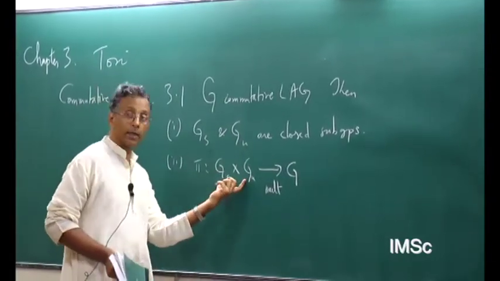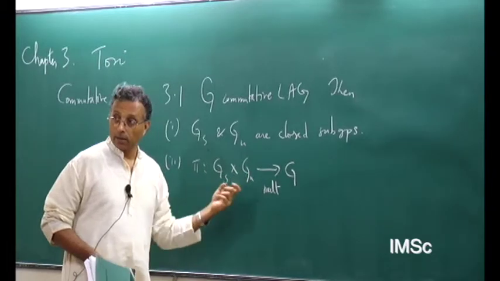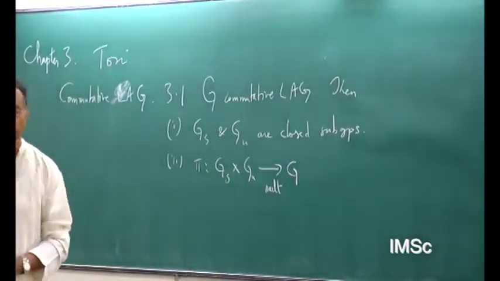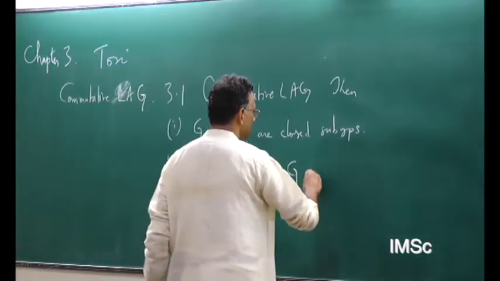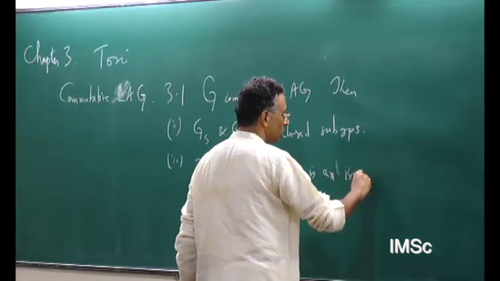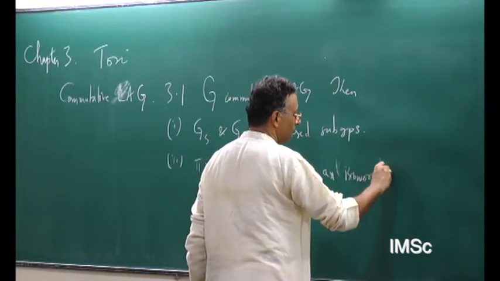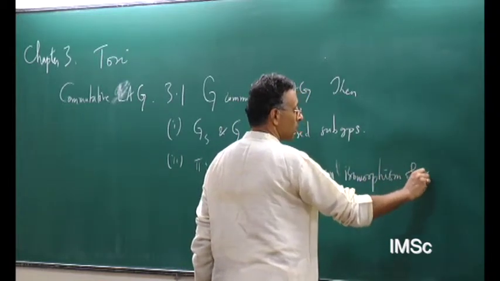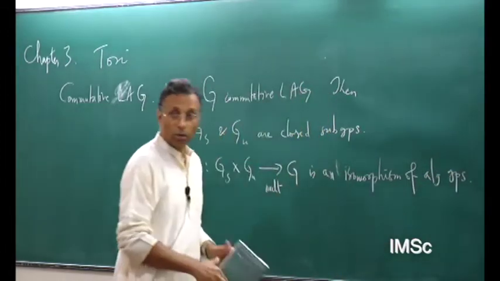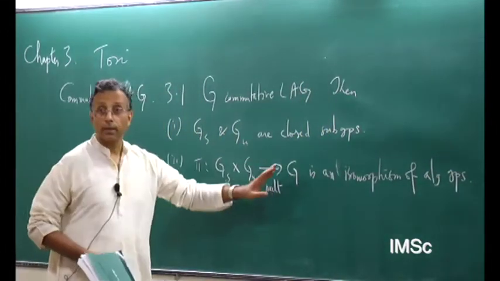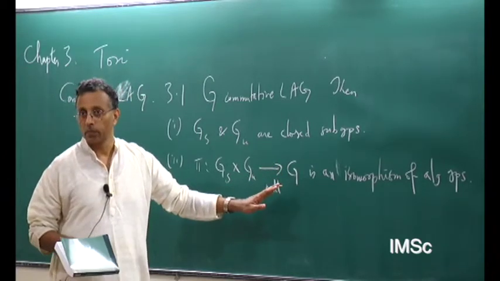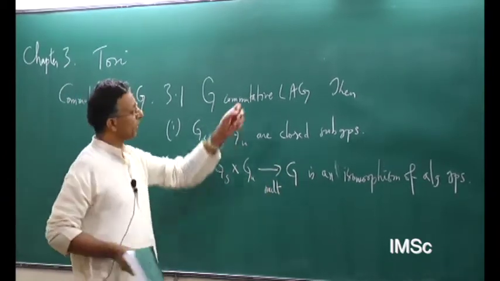So you are considering this morphism of varieties, and this is an isomorphism of algebraic groups. As was pointed out last time, it is more or less trivial to see that this is an isomorphism of groups, with the commutative condition.